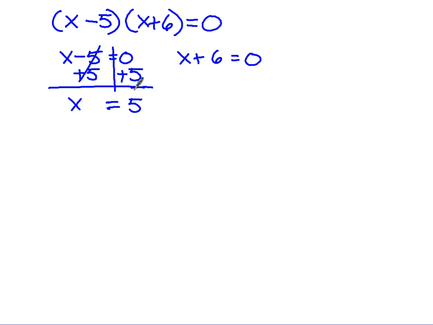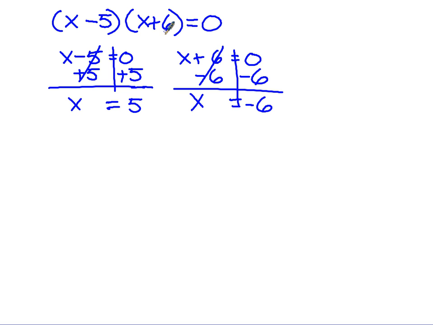But again, you don't have to go through all of this mess because, as I told you earlier, the answer is whatever the opposite of this is. Since it's x minus 5, one of your solutions is positive 5. But again, just to go through the motions and show you algebraically how you're getting that, x has to be negative 6, which we know is true because it would always be the opposite.